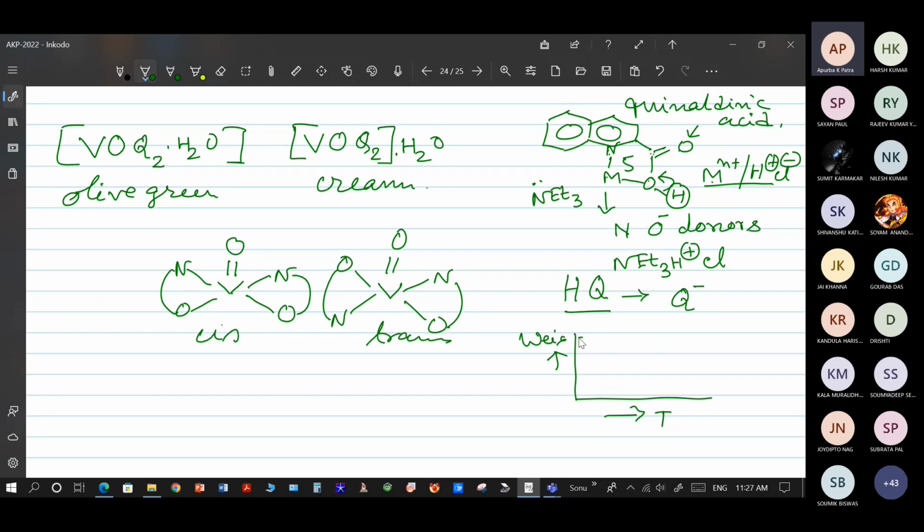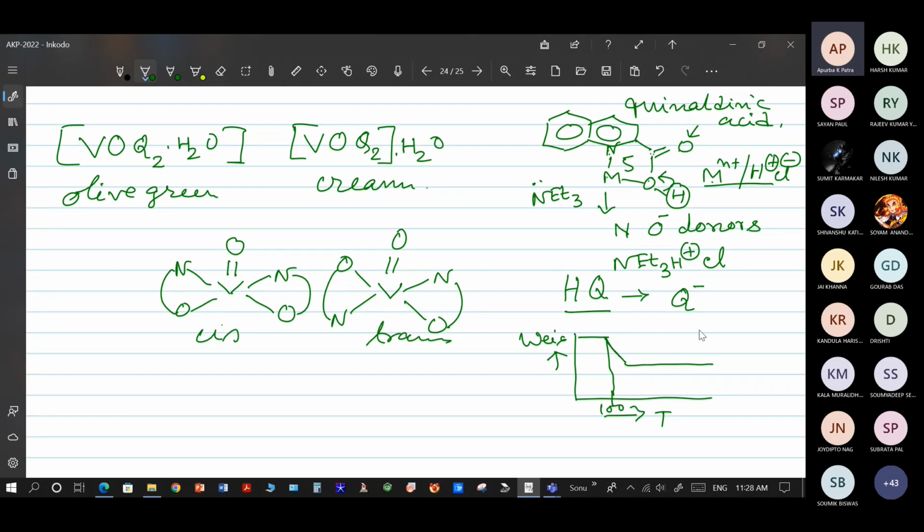Till 100 degrees centigrade, no weight loss takes place, and suddenly you will see the curve go down, and then again it will be like this. That means at this temperature it is going to lose one water molecule, and whatever weight loss takes place, you can measure by doing that experiment, and that will be equivalent to one water molecule loss from the compound.